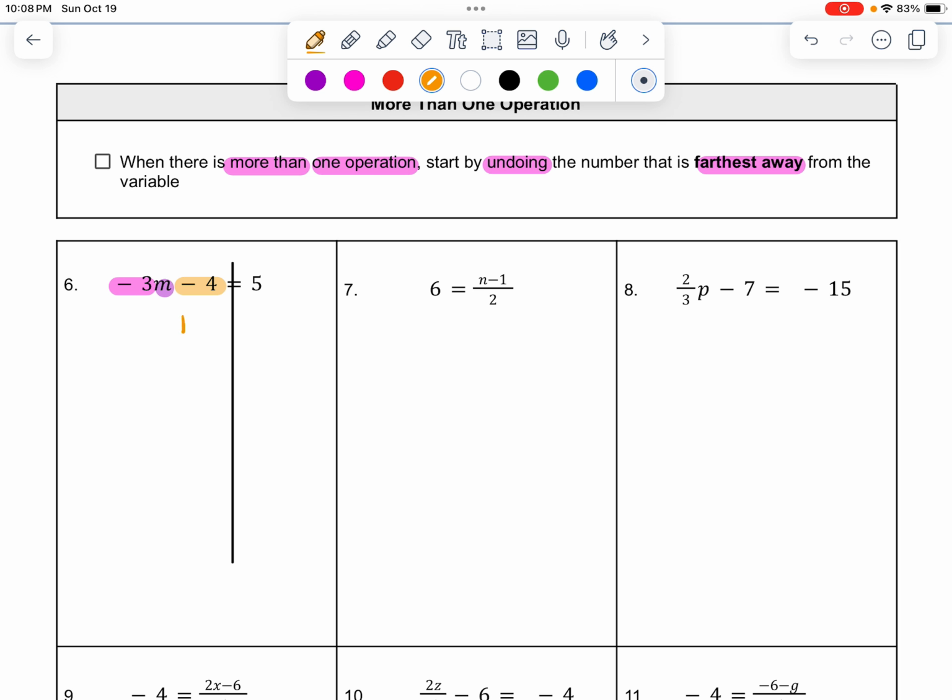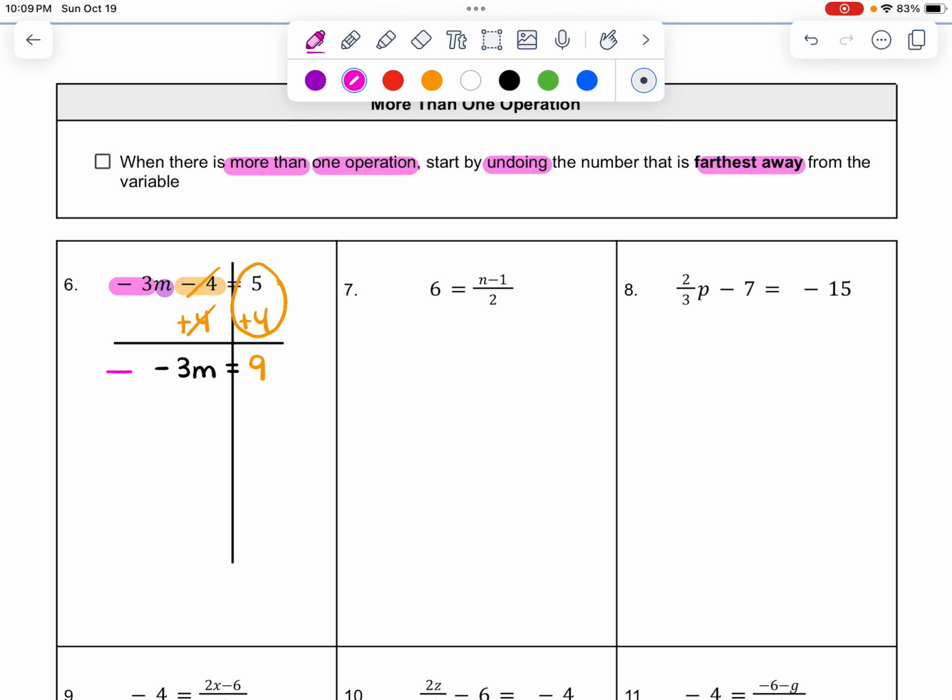To undo a minus 4, I'm going to plus 4 on both sides of the equation. When I do that, the minus 4 and the plus 4 cancel, and I'm going to drop down the negative 3m. On the right side, 5 plus 4 is 9. Then I'm going to undo this negative 3.